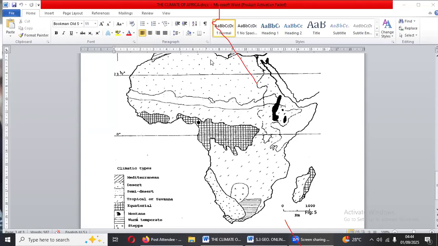Though we were not listening, the man was explaining more on the different aspects of climate.